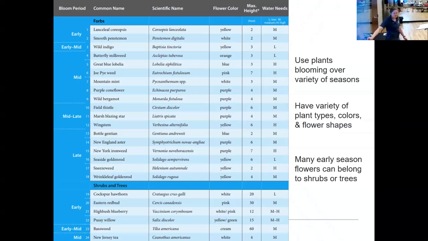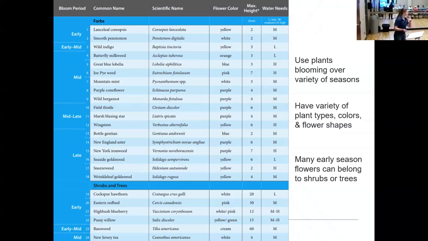Now the trees and shrubs section is very short, I don't know why, but maybe this is just supposed to be a snapshot of things at a glance. So again, by using a variety of plants, not only are you improving biodiversity, but you're providing lots of different plant types and colors and heights. If you take away anything from this class, it's just having that biodiversity, having the different kinds of plants and building in those different layers, that's very beneficial for the environment.